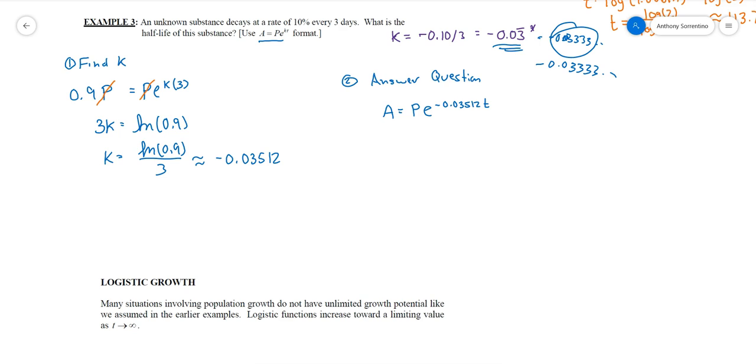We want to figure out what the half-life of the substance is. If you've ever taken a science course or read through the textbook, they define what a half-life is as well. A half-life is the amount of time, so this is asking us to solve for t. It's the amount of time it takes there to be half the original amount, the original amount being P here.